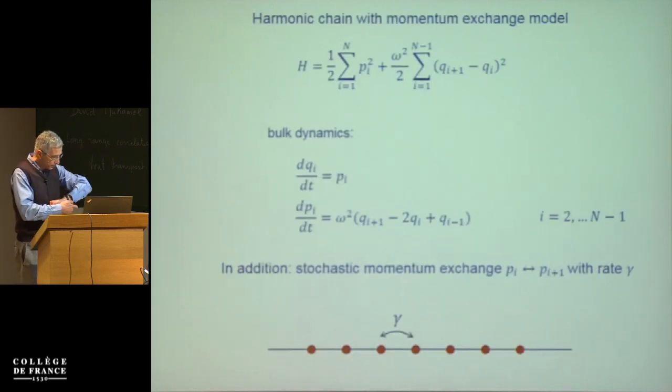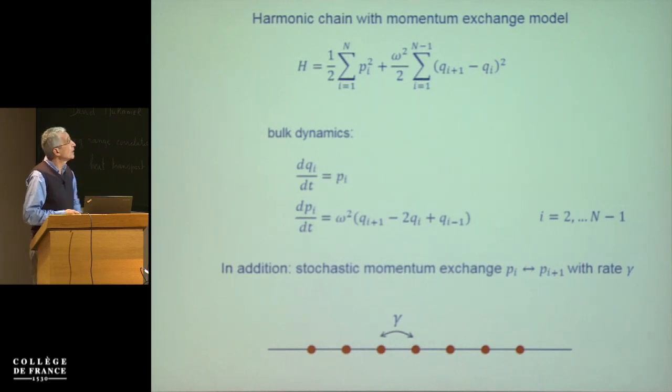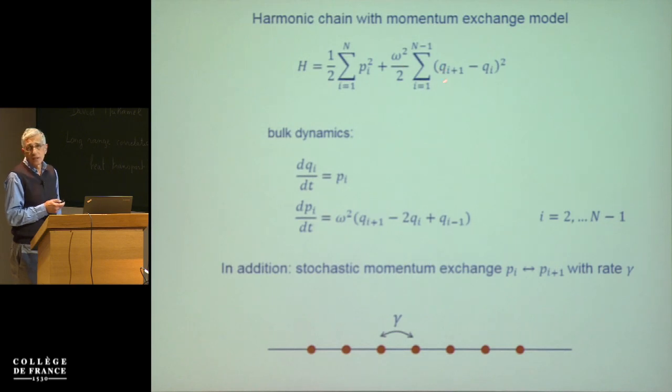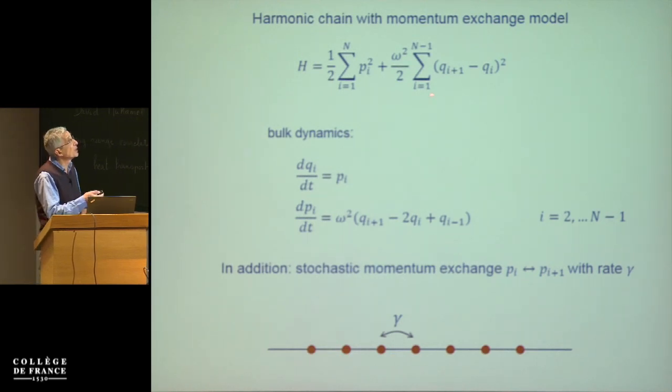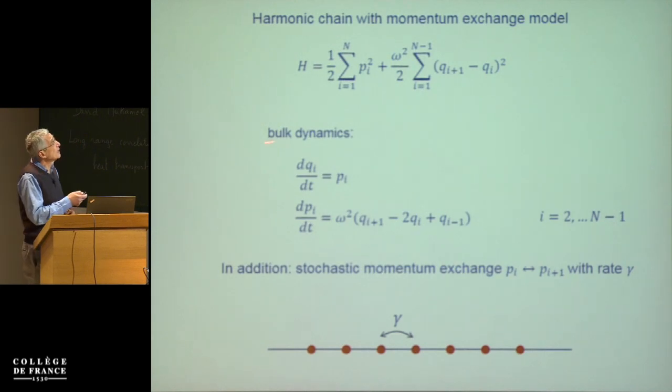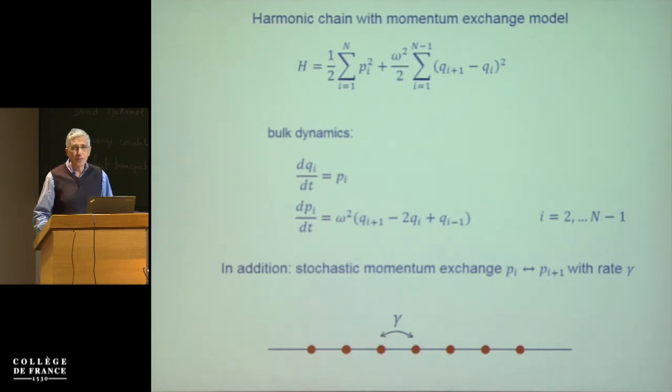So here is the model I want to discuss. It's a harmonic chain with momentum exchange. That is, you start with a one-dimensional harmonic lattice where these variables are coupled by some harmonic potential, and they therefore obey the usual dynamics that comes with this potential.